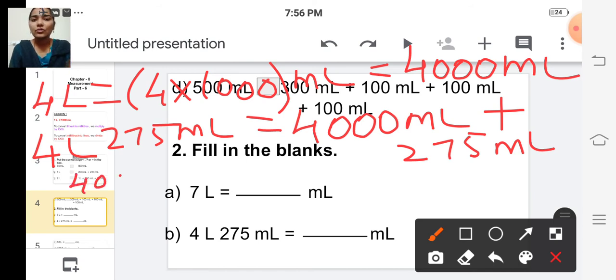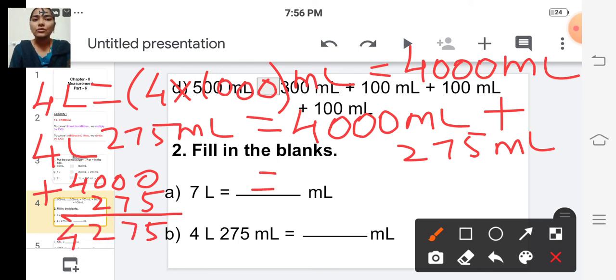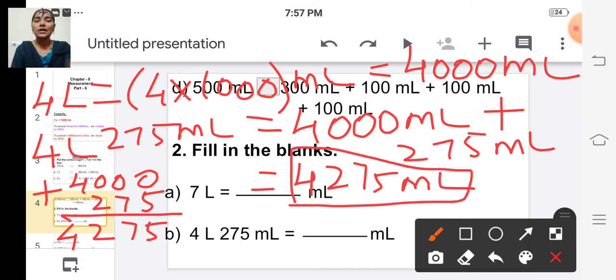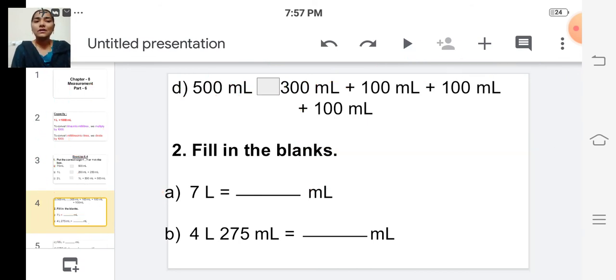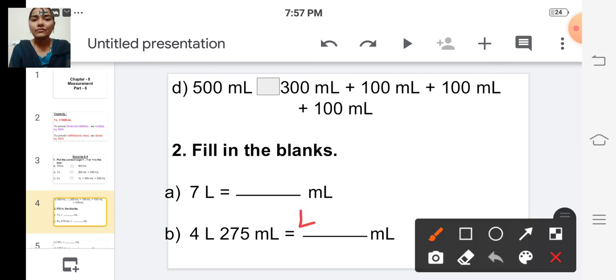So 4000 plus 275 milliliter is equal to 4275 milliliter. So the answer is 4275 milliliter. Is it clear, children?